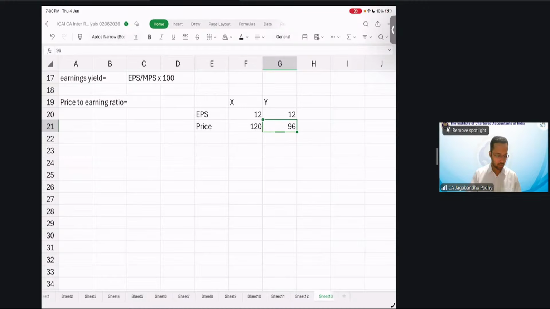Which company has greater confidence of the investors?